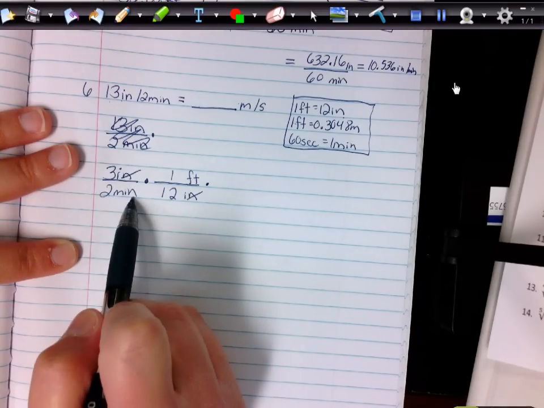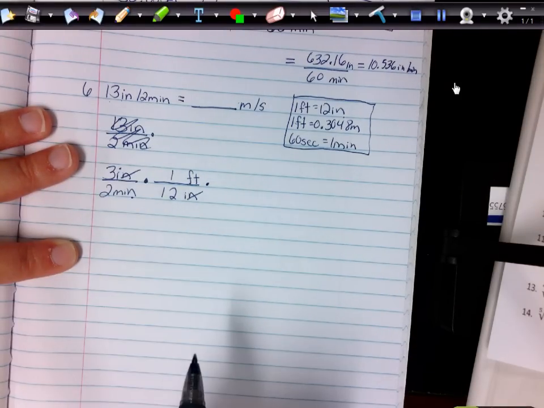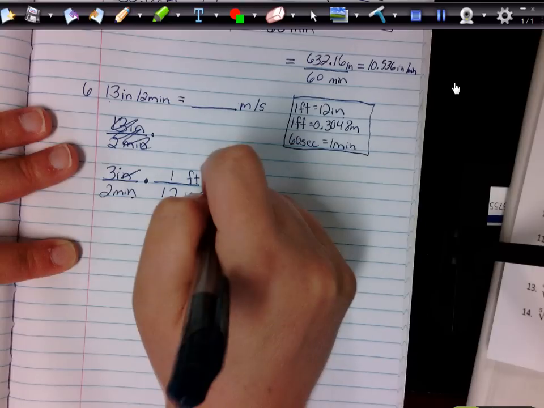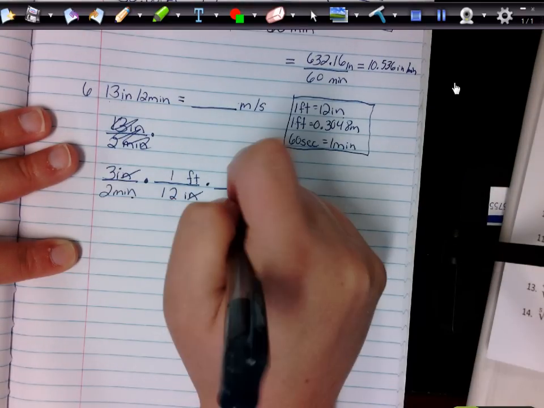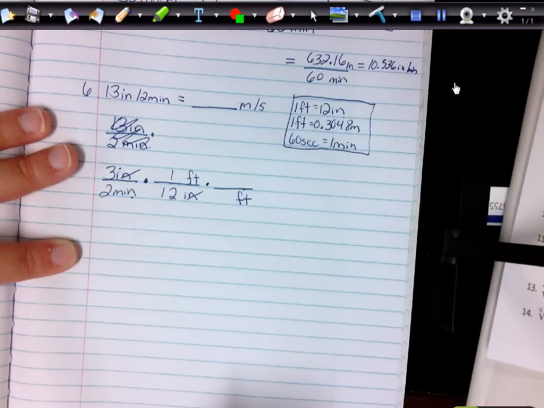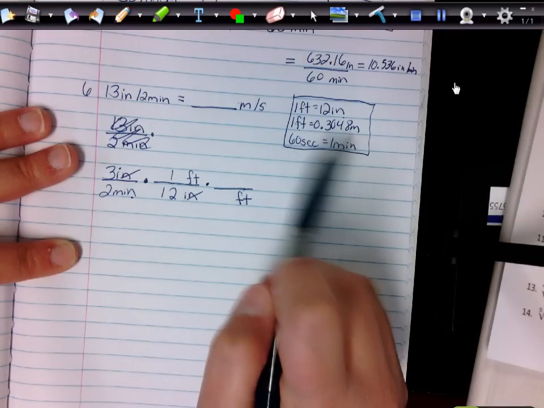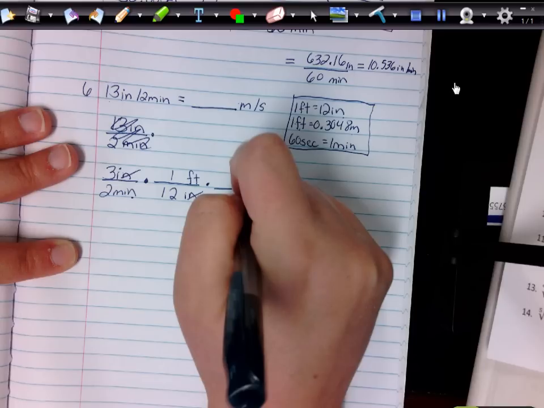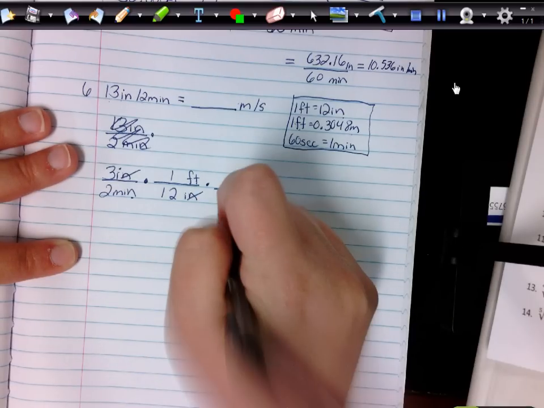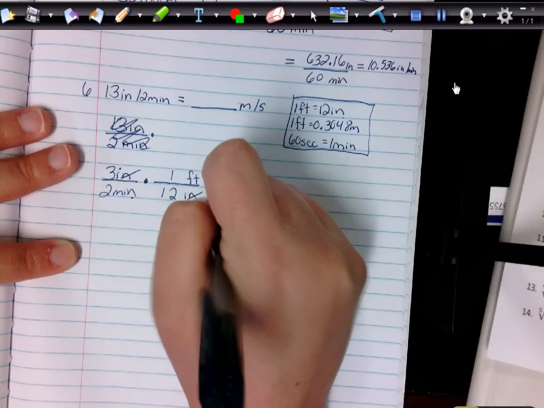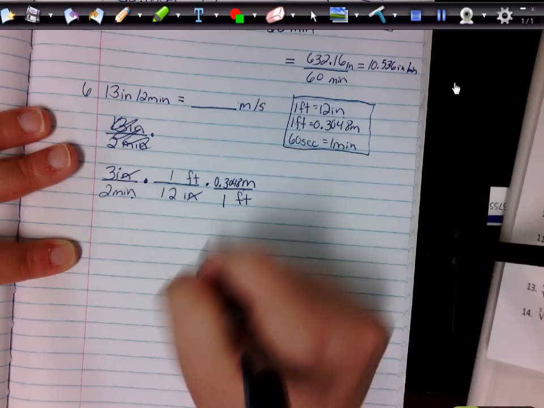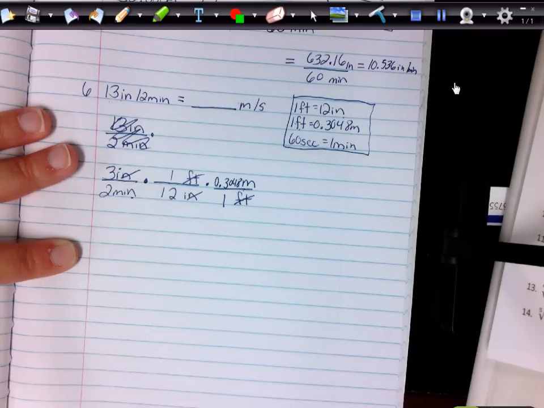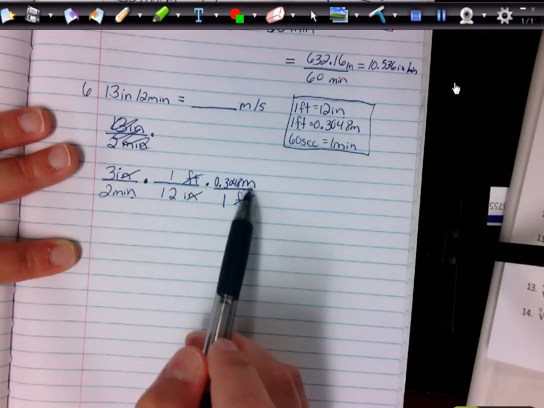I don't want feet per minute, I want meters per second, so I'm not finished. I'm going to multiply by another fraction. I want to get rid of those feet, so I put the feet on the bottom, and my conversion is feet to meters, so meters goes on the top. I have 1 foot and 0.3048 meters. My feet cancel, and now I'm left with meters per minute.